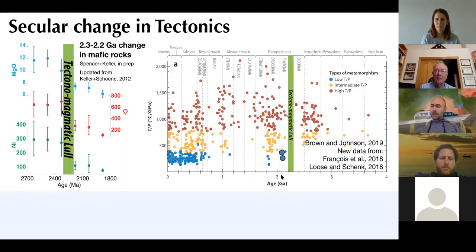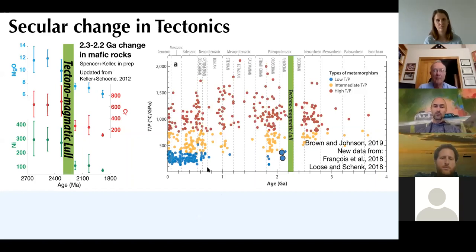So there's clearly something exciting happening across this important time boundary, but also something happening across the late Neoproterozoic. Previous attention has been paid significantly to what's happening during the zircon peaks.